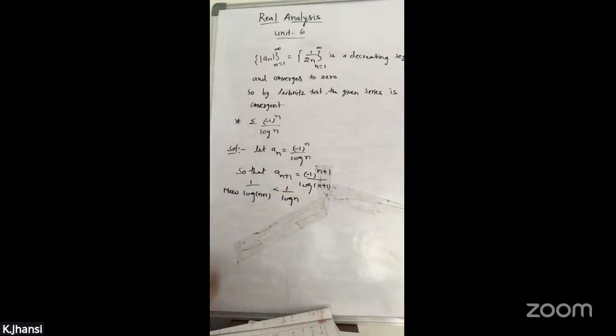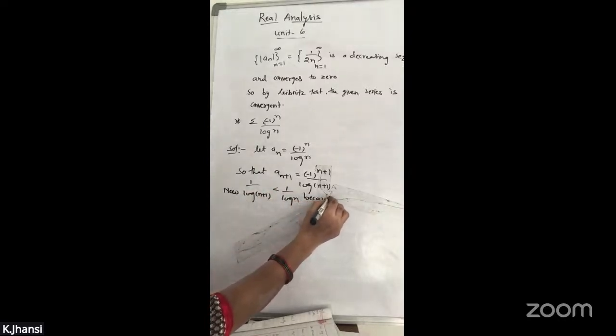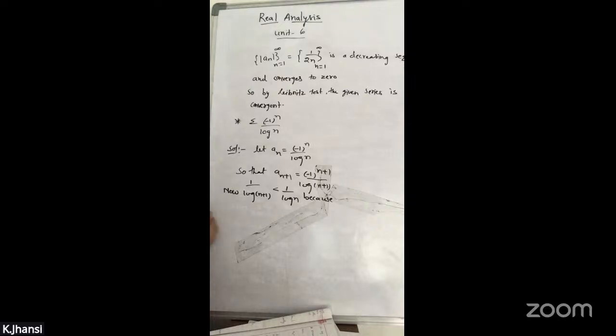If you find the modulus of an and also the modulus of an plus 1, we will get 1 by log n and also 1 by log n plus 1. So from that we can tell that 1 by log n plus 1 is less than 1 by log n, because n plus 1 is greater than n.